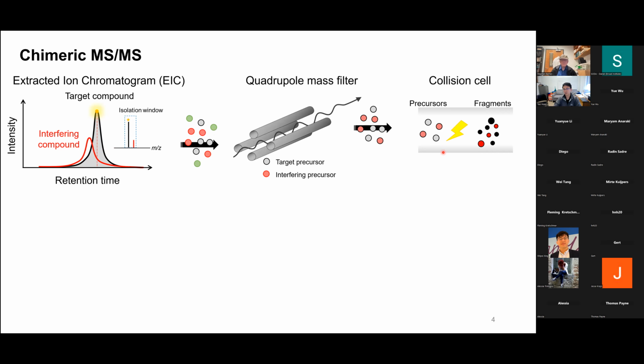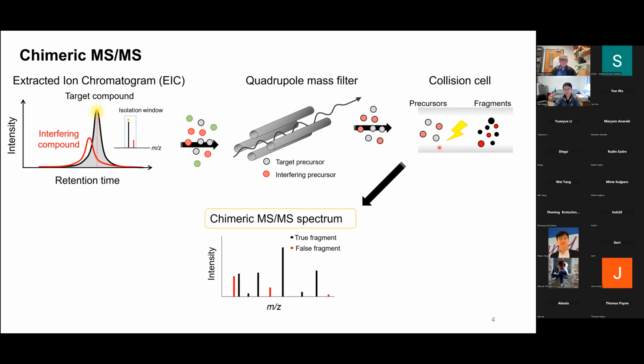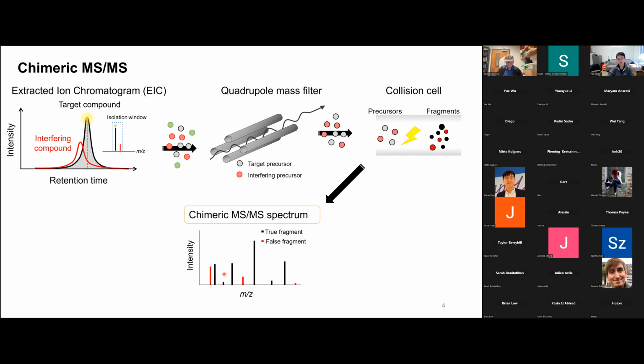And when the fragmentation process happens, both the target precursor and the interfering compound will be fragmented into pieces. Therefore, in the MS/MS spectra that you collected for the target compound, you might have some interfering MS/MS, or what we call contaminant MS/MS, or chimeric MS/MS, that will interfere with the purity or quality of the spectra.